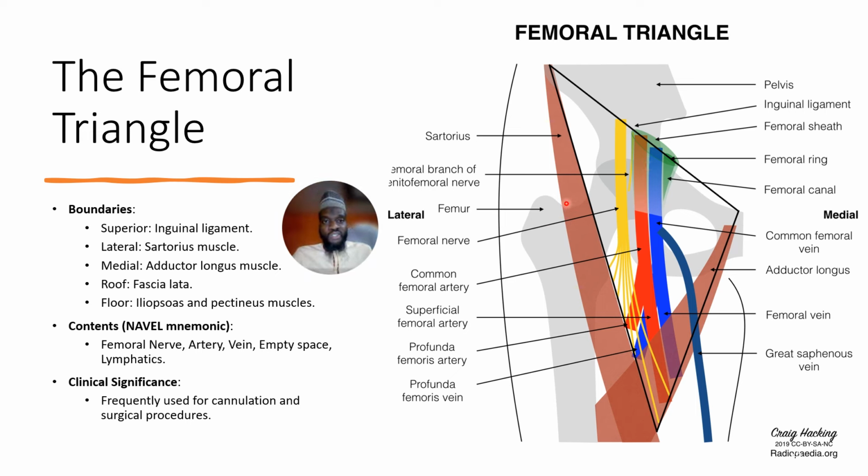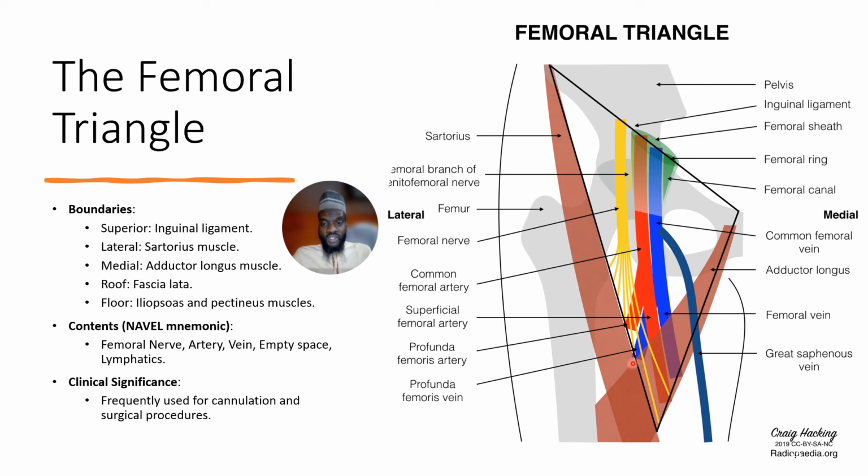So we have appreciated virtually all the structures here, the muscles, nerves, you can see the bone. Here is the femoral nerve, the common femoral artery before it gives off the profunda femoris artery, that's the deep femoral artery, and then it continues as the superficial femoral artery, that's the main one.